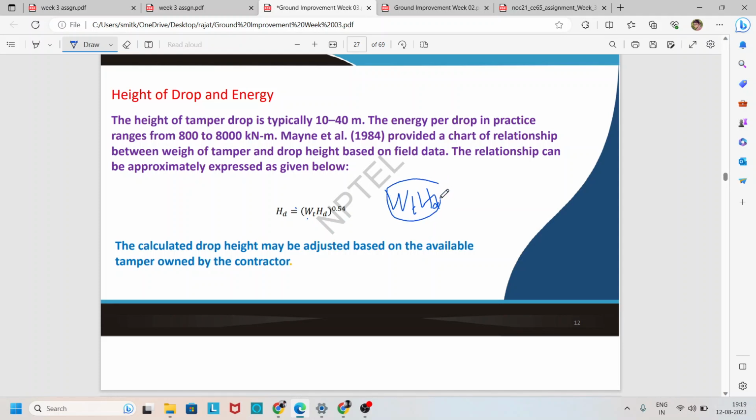When weight is multiplied by distance, it is energy. So with energy to the power 0.54, we find out the height of free fall drop, and it can be adjusted based on our contractor or based on what depth we need to improve our ground.